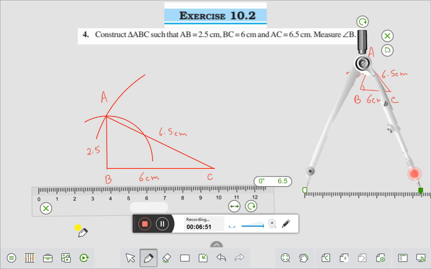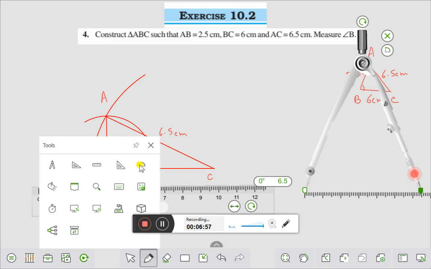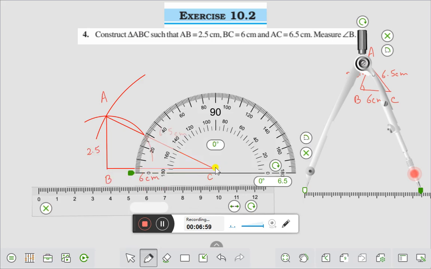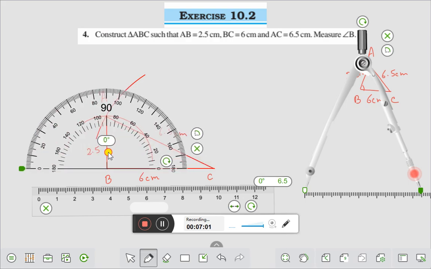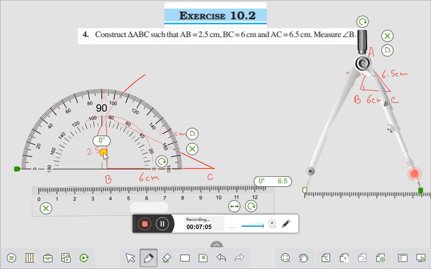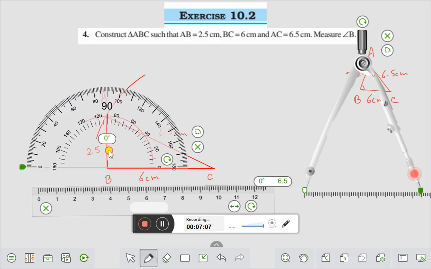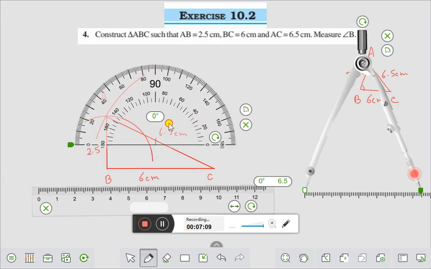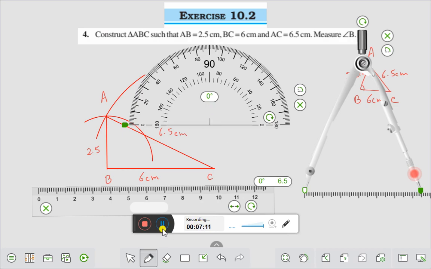Now if we measure this angle, we'll find what the measure is. Let us take the protractor and measure this angle. Hello friends.